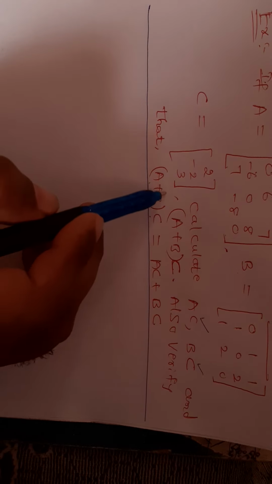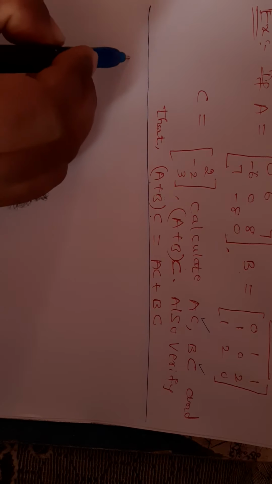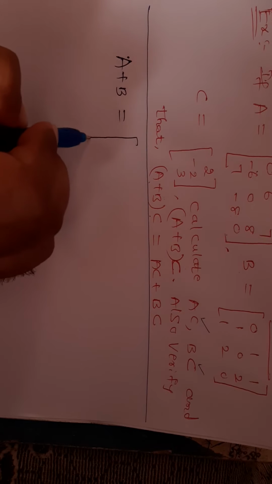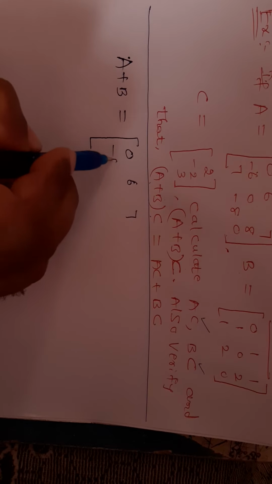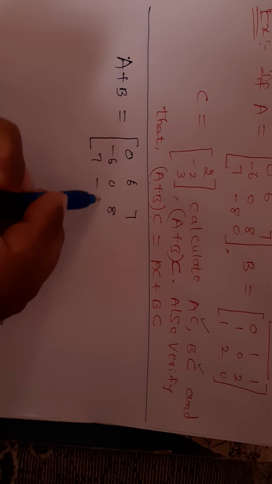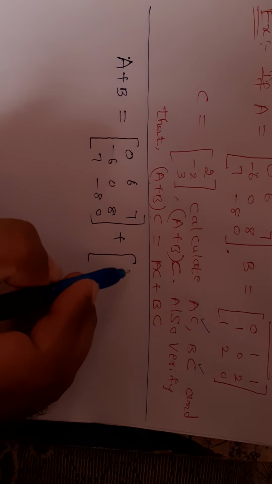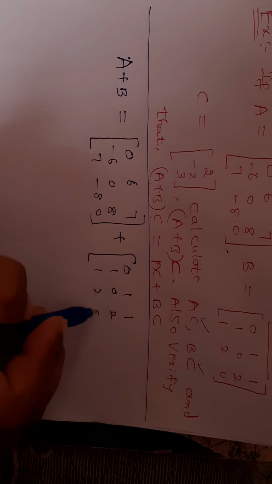So first let us do the sum here, A plus B, so that is sum of the matrices. So consider A plus B, sum of two matrices. A is 0, 6, 7, minus 6, 0, 8, 7, minus 8, 0, plus the second matrix, 0, 1, 1, 1, 0, 2, then 1, 2, 0.